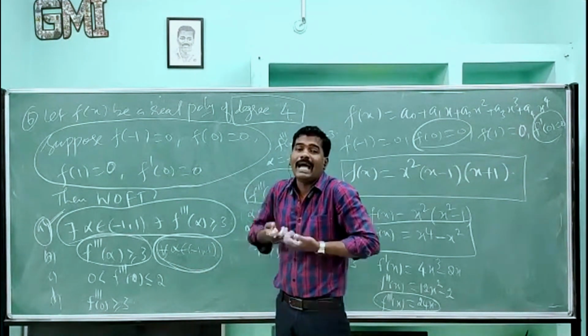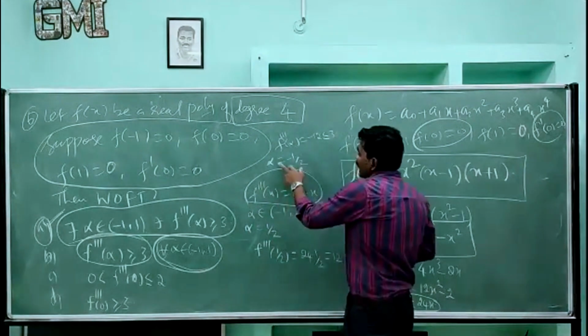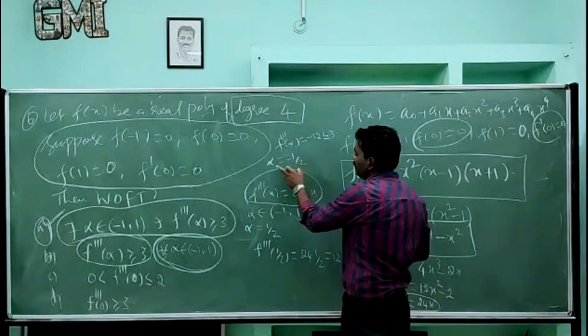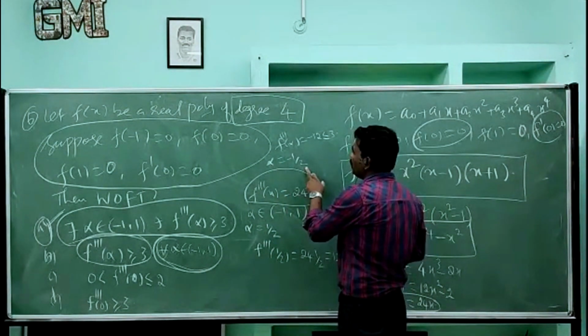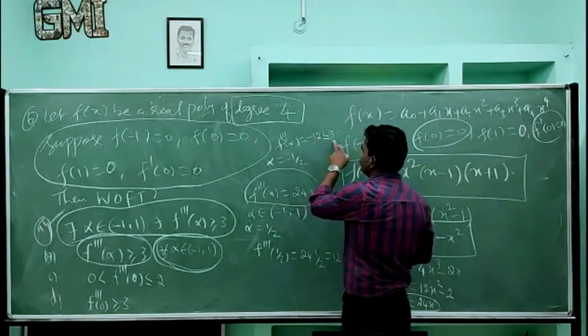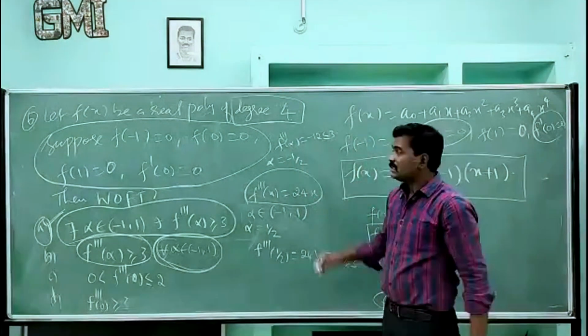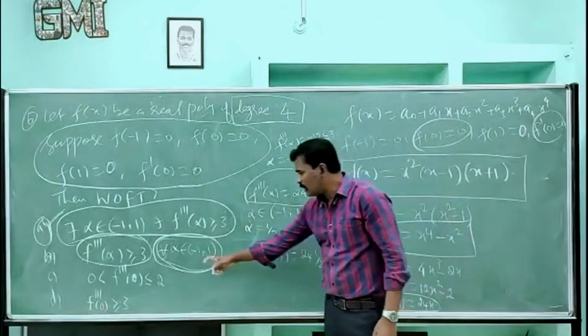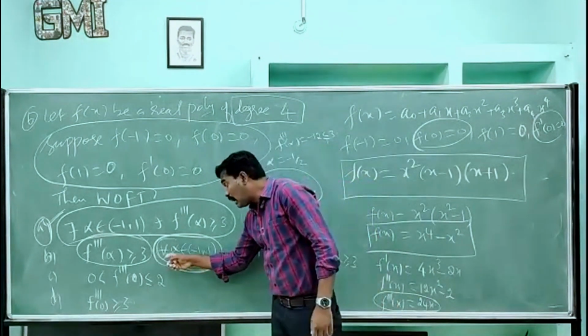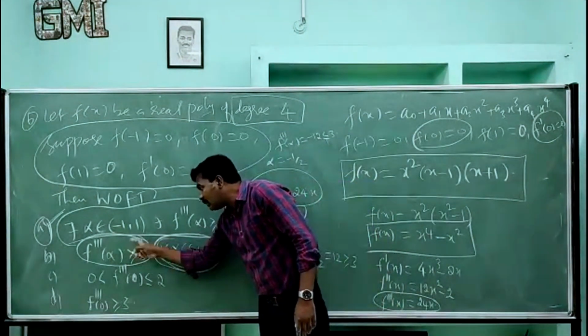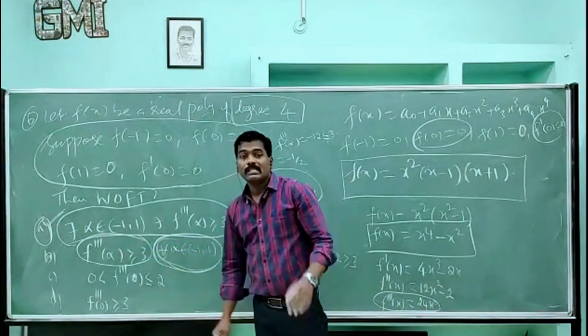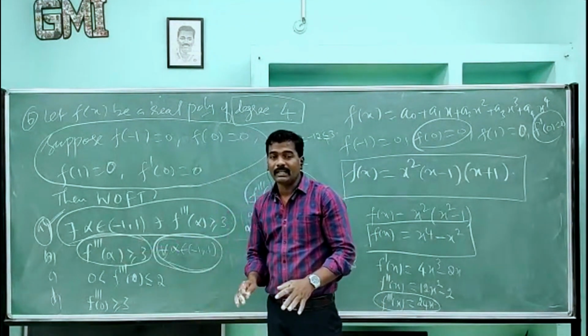I have alpha equal to -1 by 2. When I take alpha equal to -1 by 2, f triple prime of alpha is strictly less than 3. Therefore, this option is not true. Not all alpha values give greater than or equal to 3; some alpha value gives less than 3.